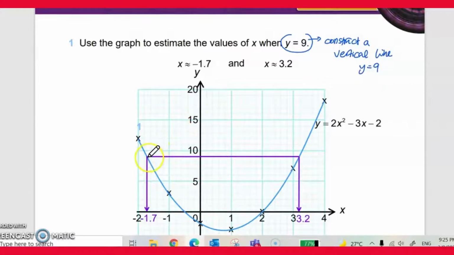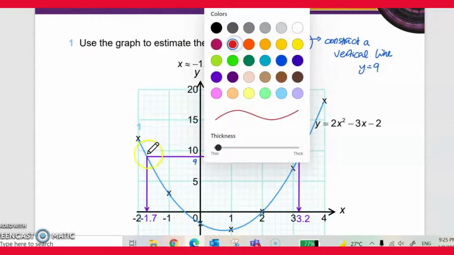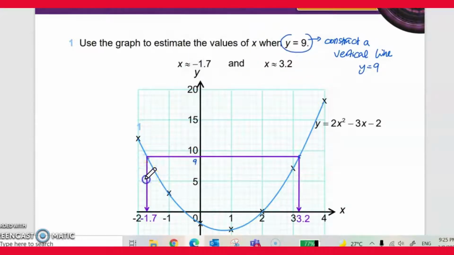Bila y sama dengan 9, memang kena buat line tu until we draw it until it meets both sides of the curve. Mesti kena kepada kedua bahagian curve. Then we look at the answer, which is located at negative 1.7 and also 3.2.